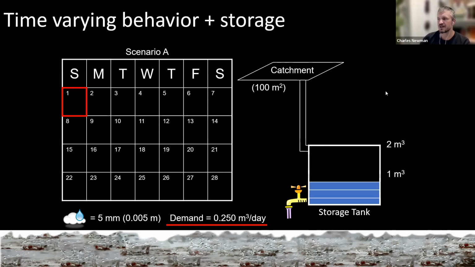Day 1, the users are going to need to consume some water, so there's 0.25 gone, but it also rains. So we actually have a net gain on this day. Then day 2 on Monday, there's some consumption but no rain. Day 3, Tuesday, more consumption, but it rains.